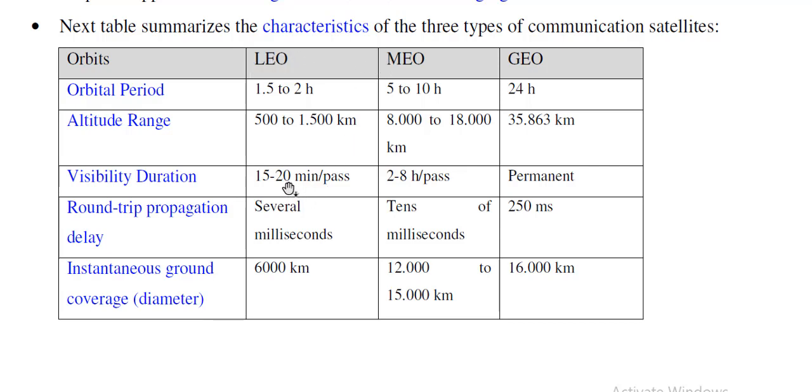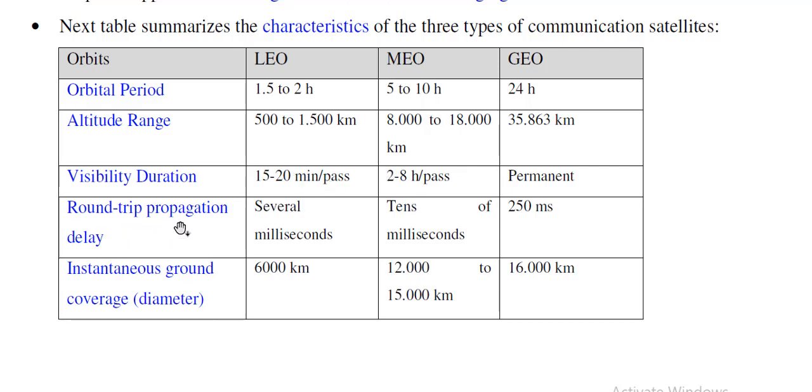For the LEO, we have to change the satellites every 20 minutes because we will see it only 20 minutes and then it will go. But for the MEO, we might see it for 8 hours. So here the handoffs are fewer compared to the LEO.